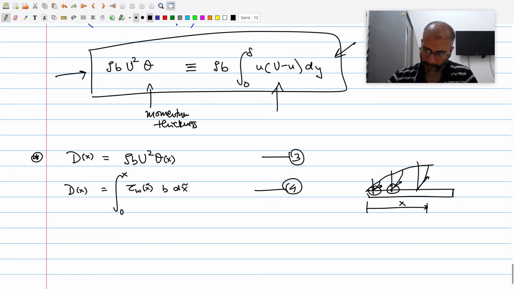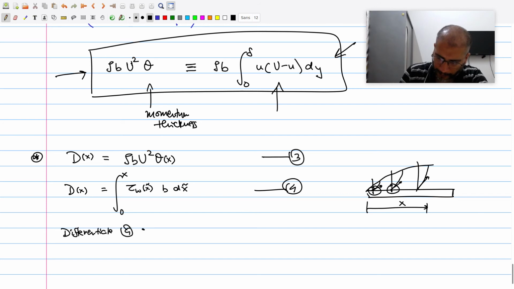So how can we do that? We can differentiate 4, that is easier, because tau wall is stuck inside an integral. If I differentiate 4, I get dD/dx equal to tau wall as a function of x times b.